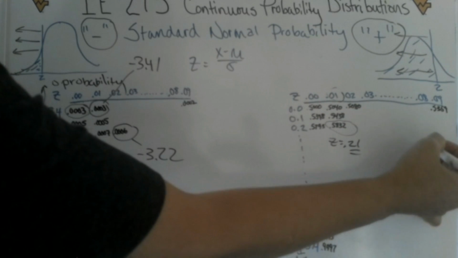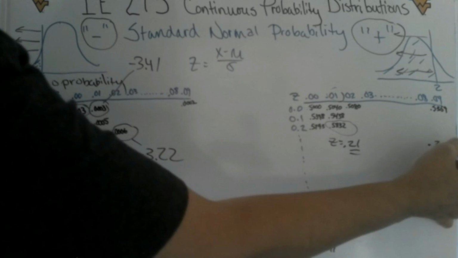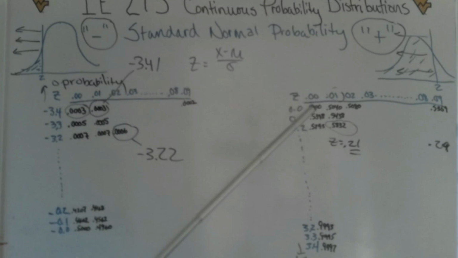Down here is 0.29. That's the z-value it represents. These numbers are probabilities. Negative 3.40, negative 3.41, negative 3.42 are z-values that you calculate.